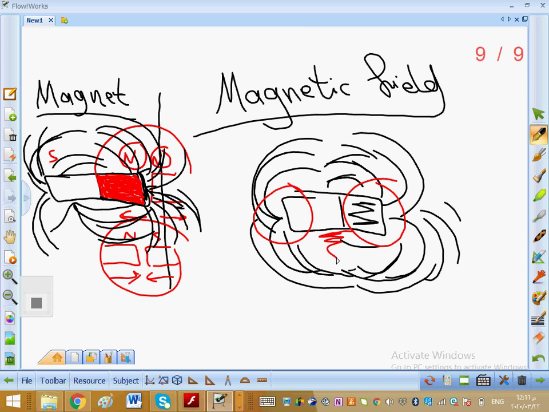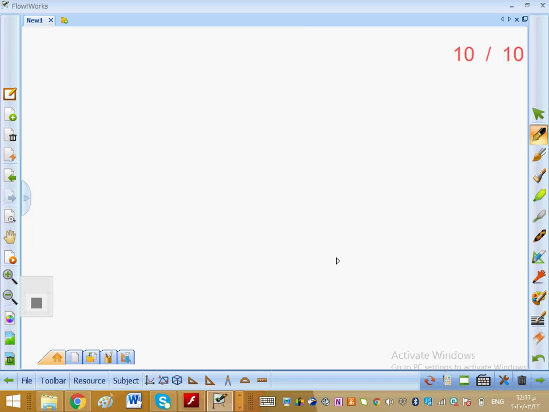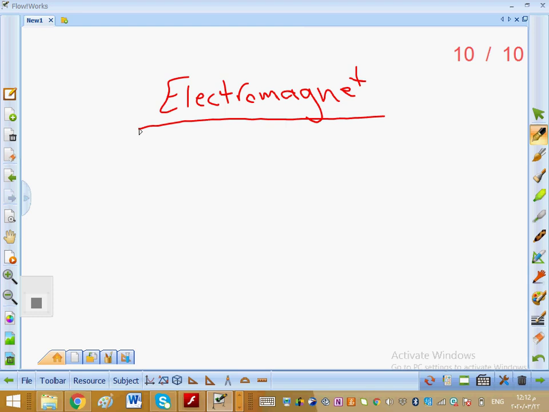Then the last point, which we skipped like in the previous lesson: electromagnet. An electromagnet is a device that uses electric current to produce magnetism.